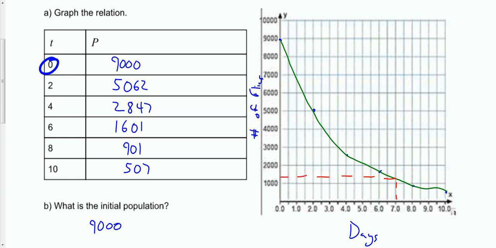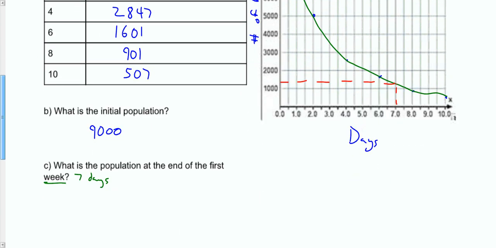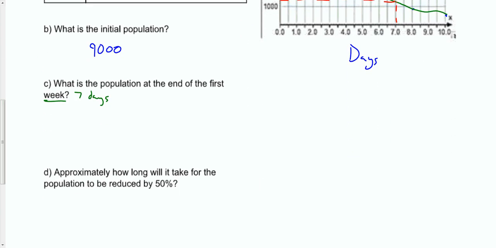I'm going to guesstimate based on my graph alone that it's probably around, call it 1300 or so. So based on my graph, I can estimate about 1300.